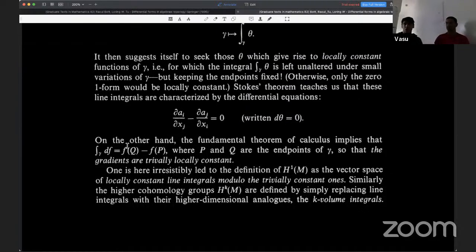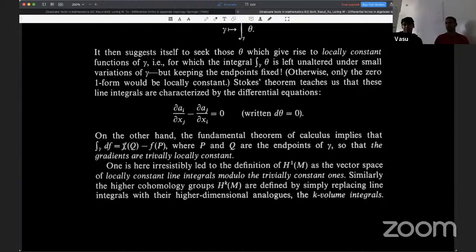So we can complete this idea finally by using the fundamental theorem of calculus in this way to relate this line integral to the evaluation of the antiderivative, right? So the evaluation at the endpoints. And now we arrive at a definition of H1, which is characterized by the gradients being trivially locally constant.